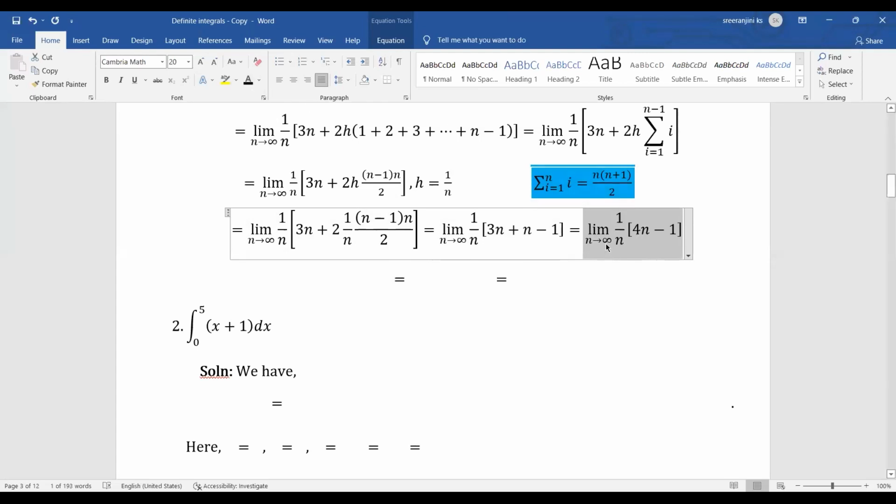So limit n tends to infinity, 1 by n into 4n minus 1. If we multiply by 1 by n, this will become 4 minus 1 by n. So limit n tends to infinity, 4 minus 1 by n. As n tends to infinity, 1 by n will tend to 0. So what is there is 4. Answer is 4.